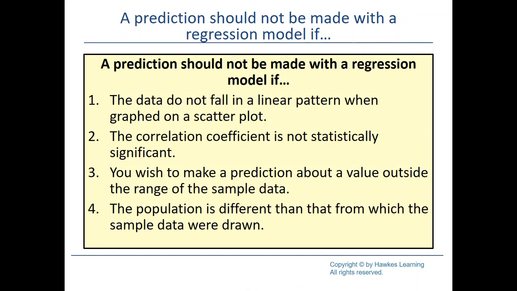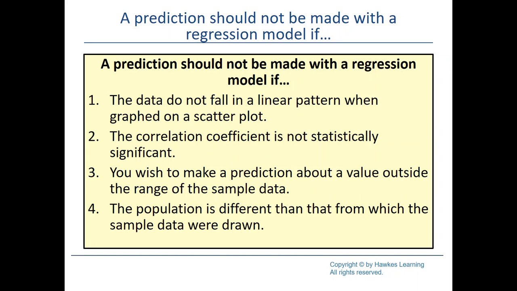Okay, so a prediction should not be made with a regression model if the following happens. 1, the data do not follow a linear pattern when graphed on a scatter plot. So if it does not look like it's somewhat linear at all, don't even bother. 2, the correlation coefficient is not statistically significant.